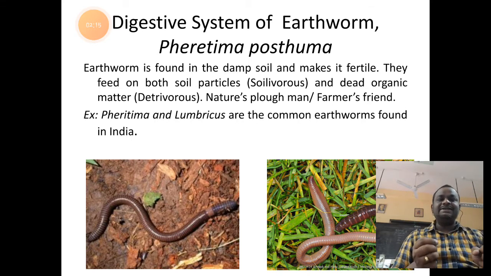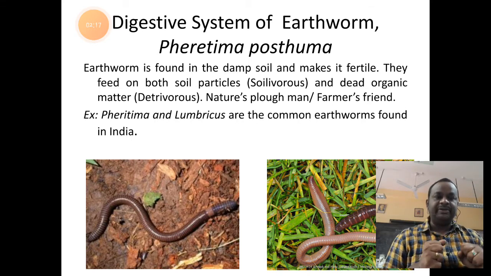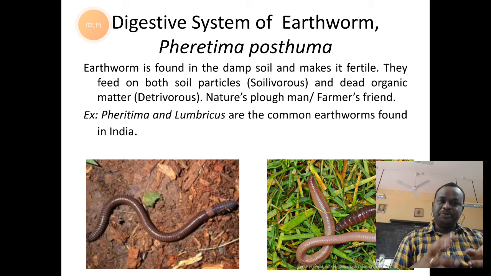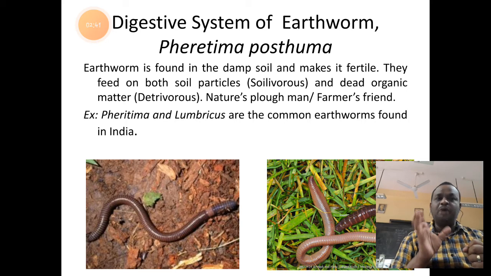The third stage is absorption. Absorption is a stage wherein the digested food is taken into the blood system or circulatory system, which will transport these food molecules to every cell of the body. We call this the absorption stage.